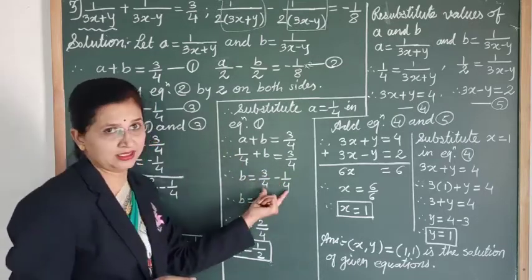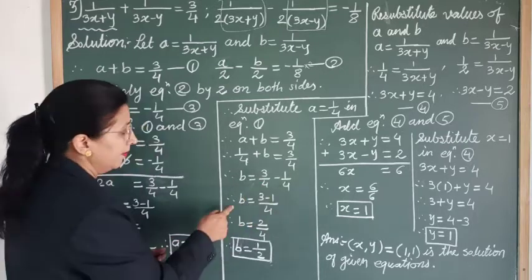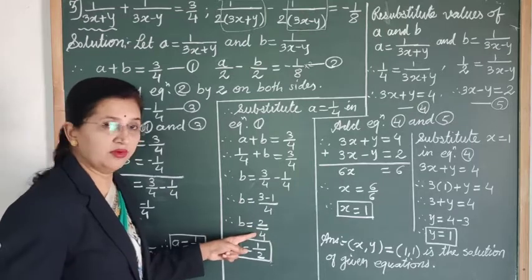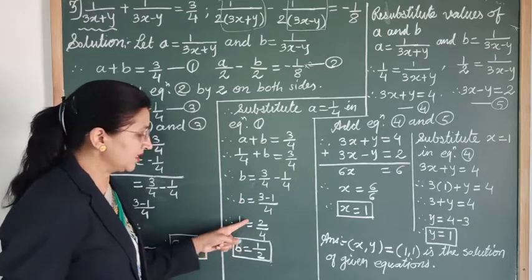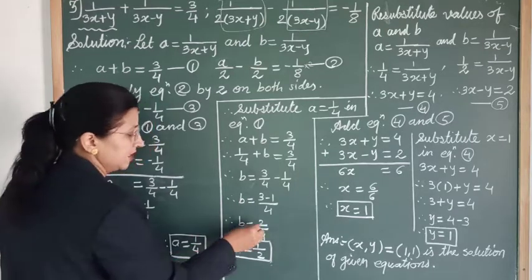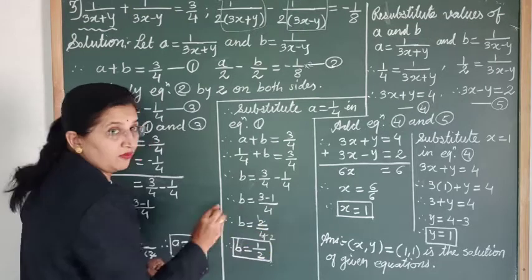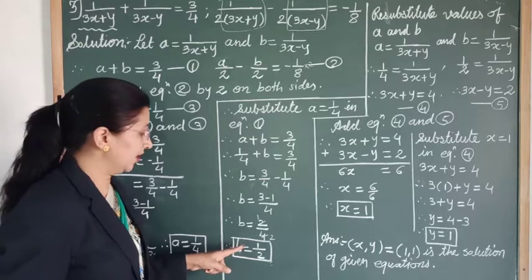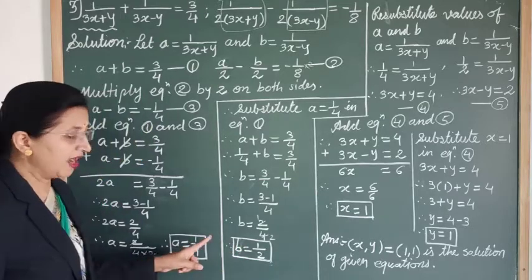Here also denominators are same, so let's subtract them. b is equal to 3 minus 1 upon 4, that is 2 upon 4. Let's reduce this. 2 ones are 2, 2 twos are 4. So the value of b we got is 1 upon 2. Okay, so here we got the value of a and the value of b.